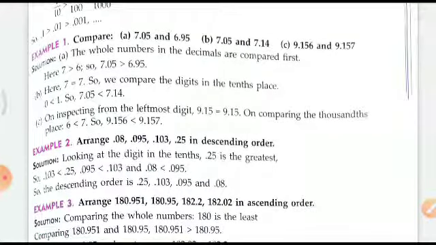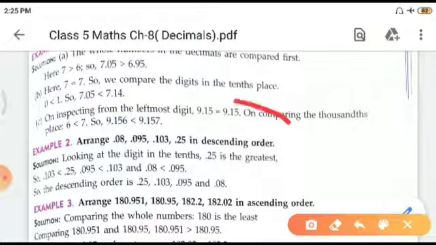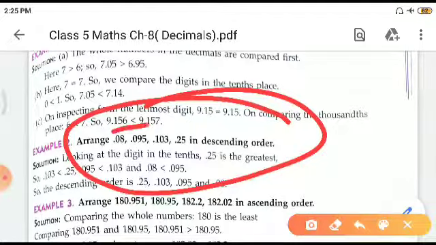Now arrange them in descending order, the largest number first and then the smallest. So we will look immediately after the decimal. Here we see two places. These two numbers are having 0 after the decimal, so they are the smallest ones.